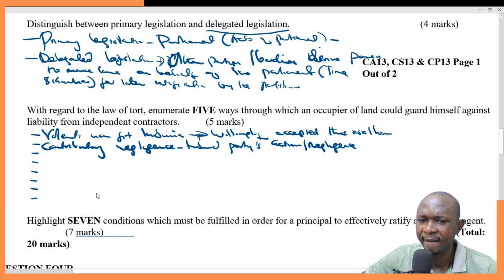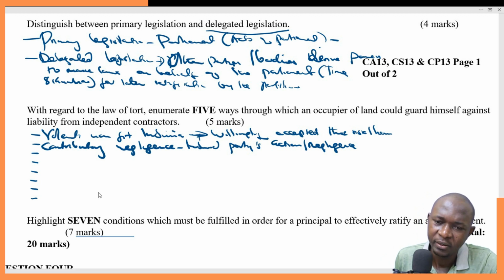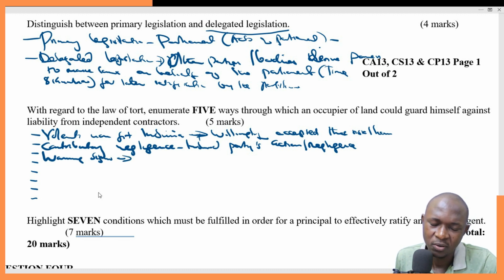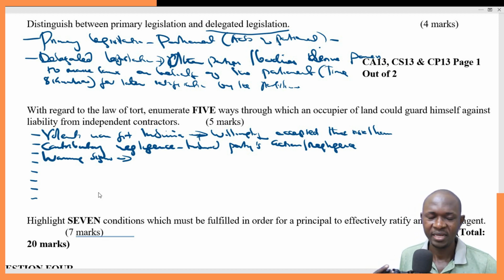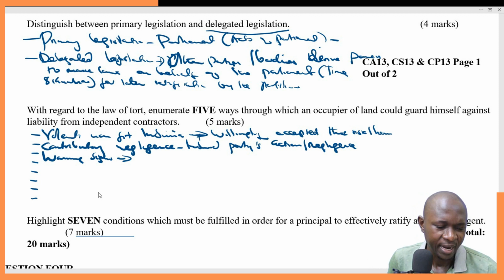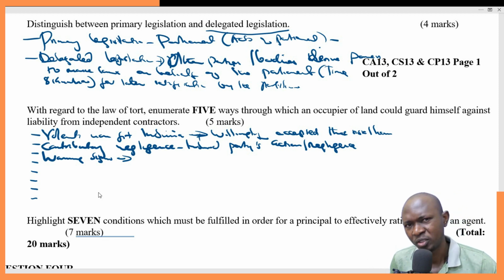The other defense you might have is where we talk of these warning signs. You can say that, hey, as the occupier of land, I provided enough warning signs and information about the hazard.